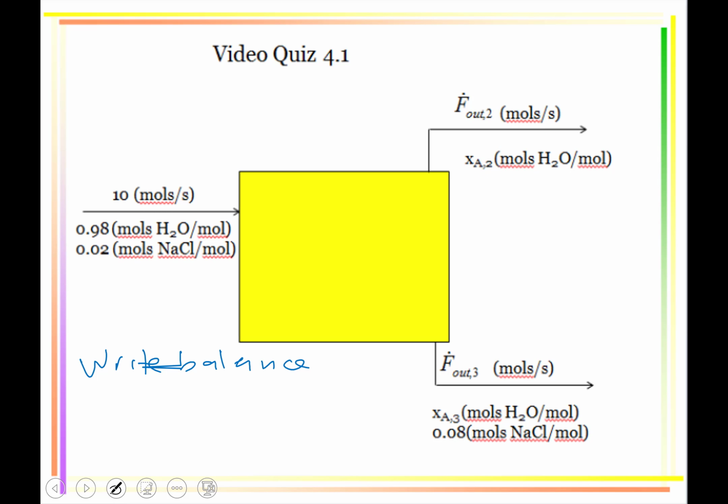And in a separation process, you have no chemical reaction. There's no reaction taking place in here. So your balance equations are going to be input is equal to output. And I think you probably can handle this.